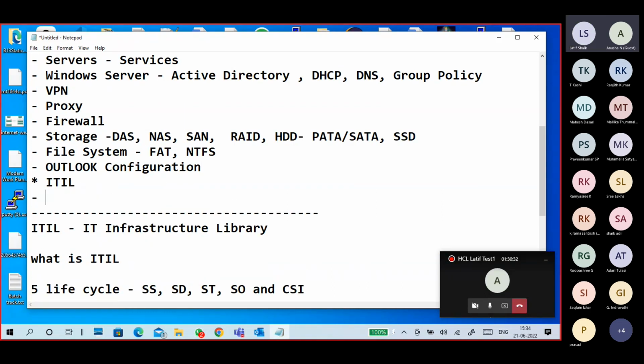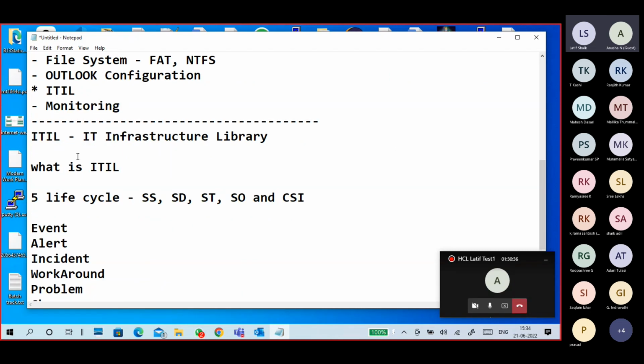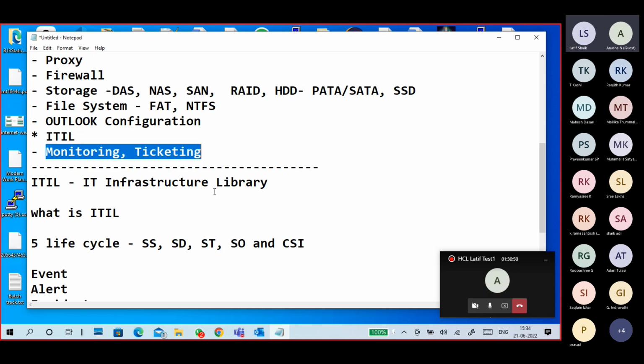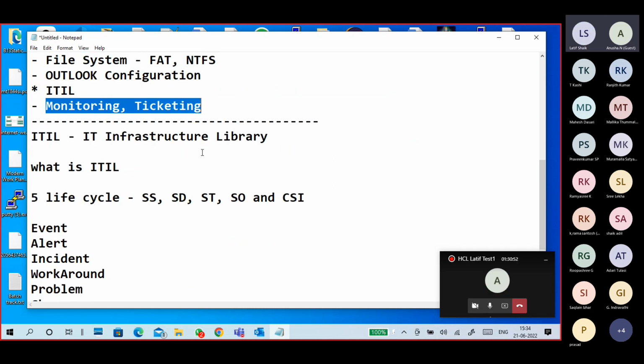Also understand monitoring. Monitoring is also part of ITIL. If possible, I will try to show some monitoring-related ticketing. Also part of the ITIL part. Monitoring and ticketing.